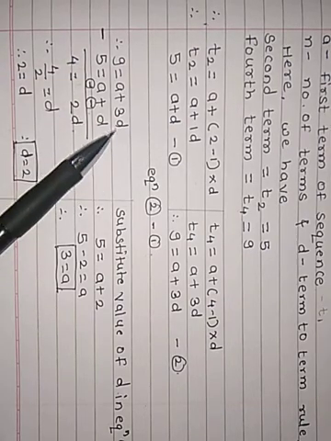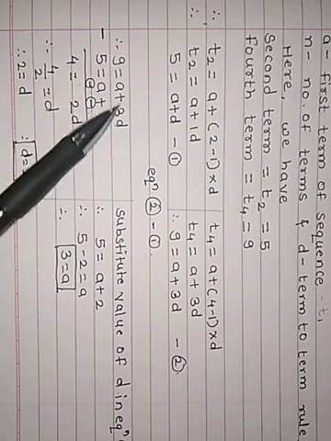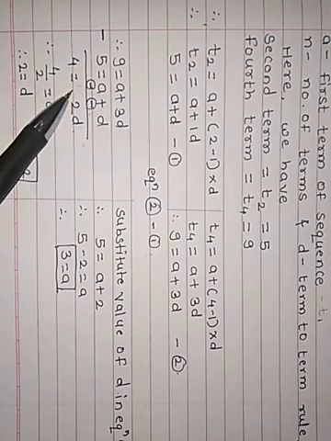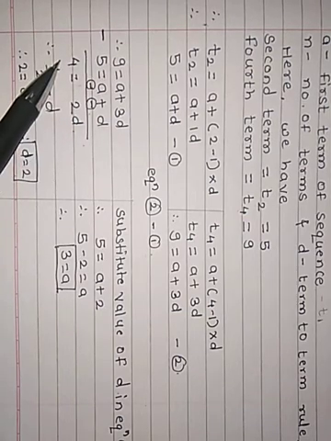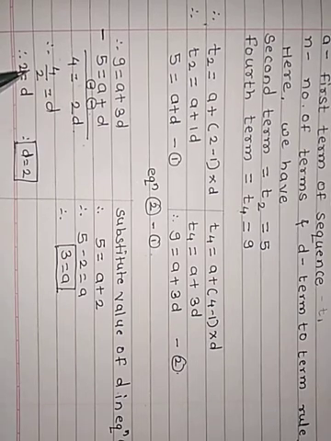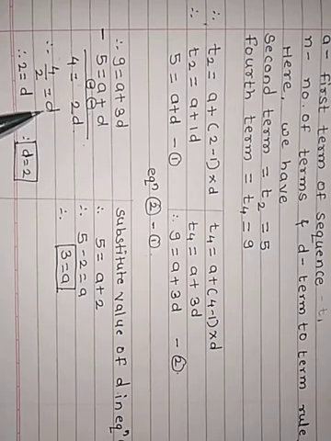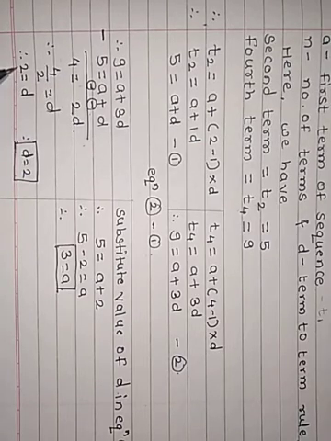So 3D minus D will be 2D, A minus A will be 0, and 9 minus 5 will be 4. Now we get 4 equals 2D. Therefore 4 divided by 2 equals D. What will be the value of D? It will be 2.